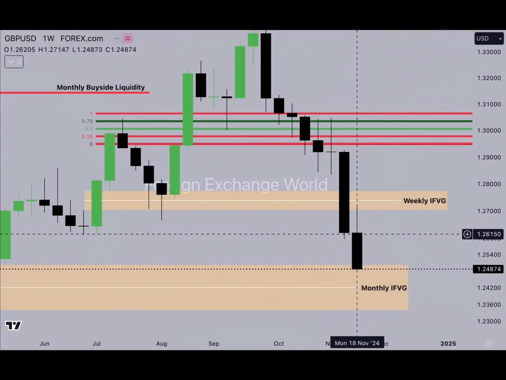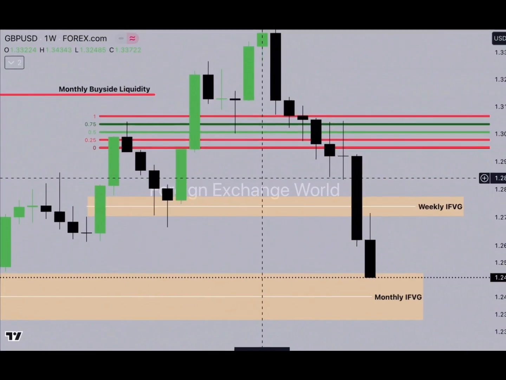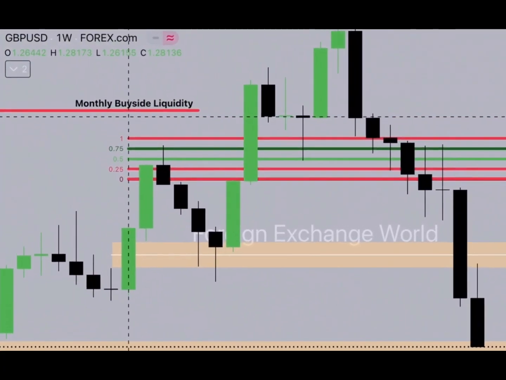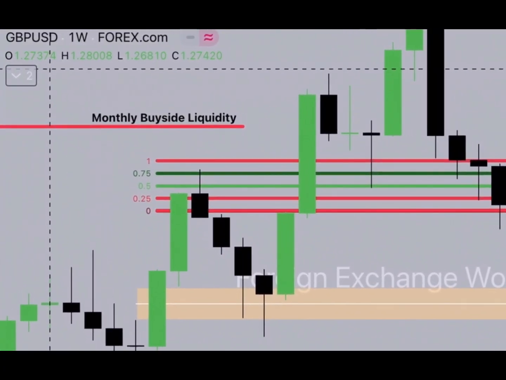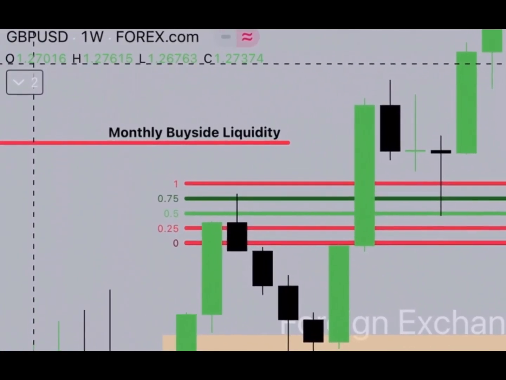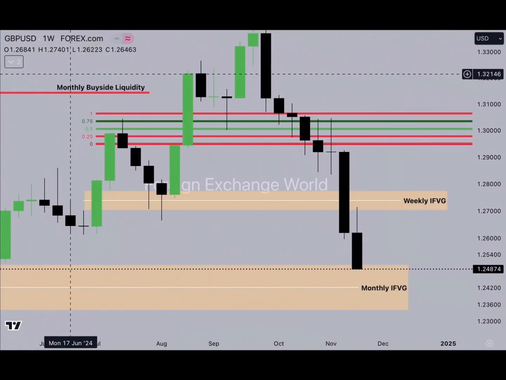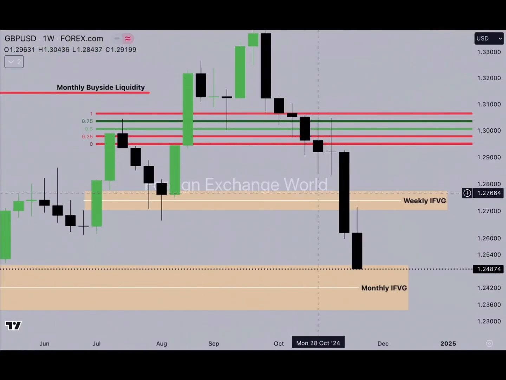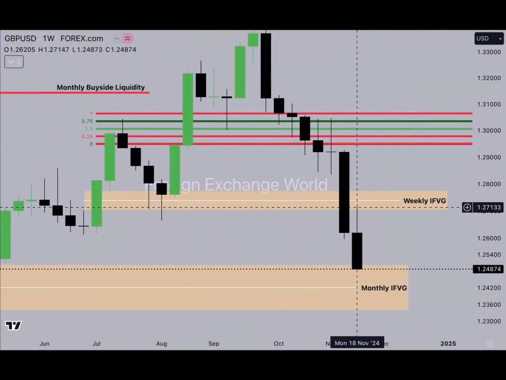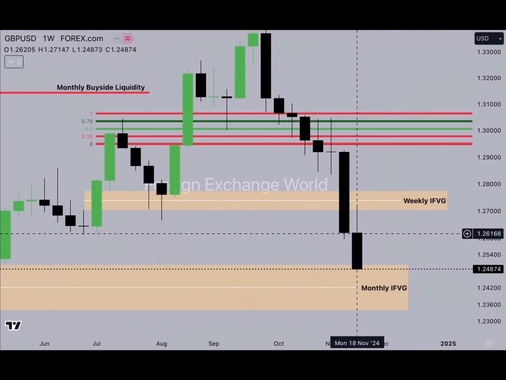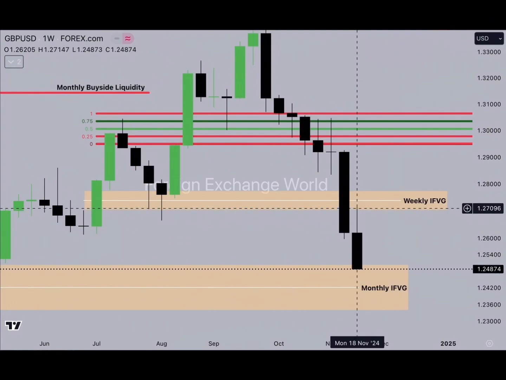After it opened, you must look at the top left-hand side of your chart where it says O, which is the open. The open is at 1.2625. It opened right at that point, therefore it went higher.